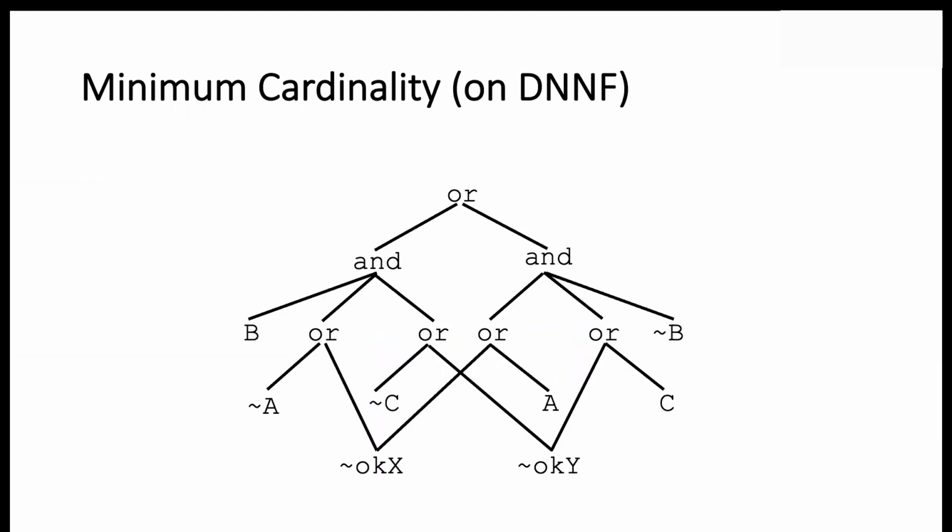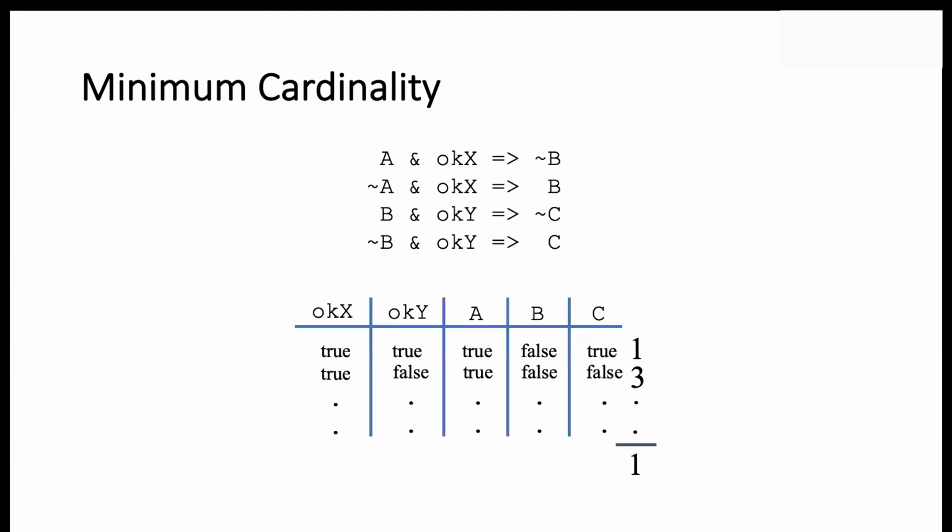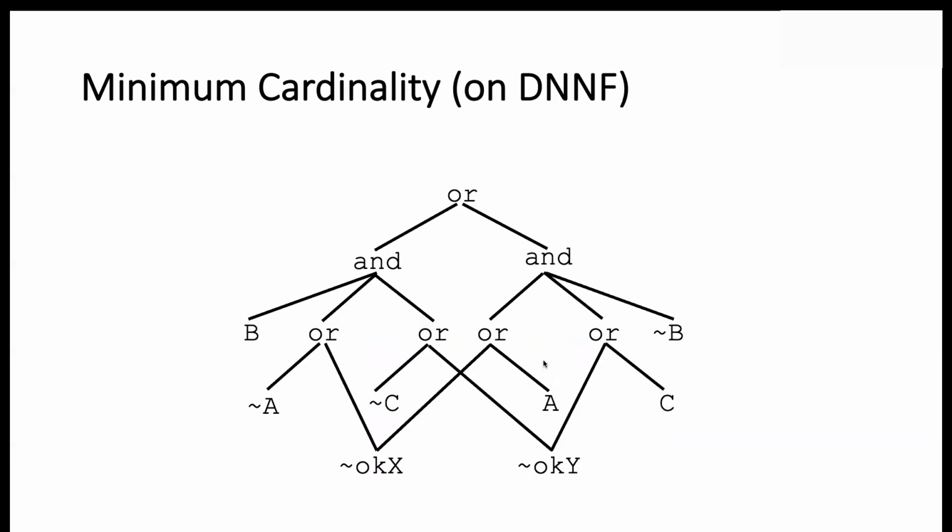If your formula is represented as a DNNF, you can do minimum cardinality computations easily. Remember, we're using this particular definition of cardinality, the number of variables that are false. So you go to the leaves, and negative literals get the value 1, positive literals get the value 0.